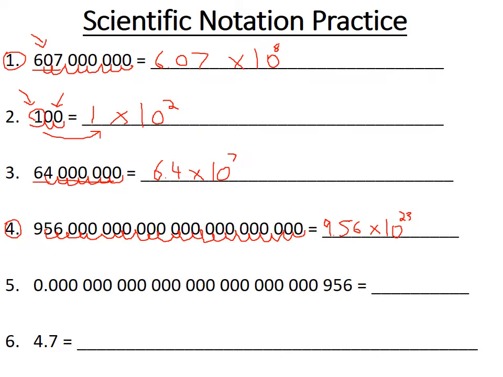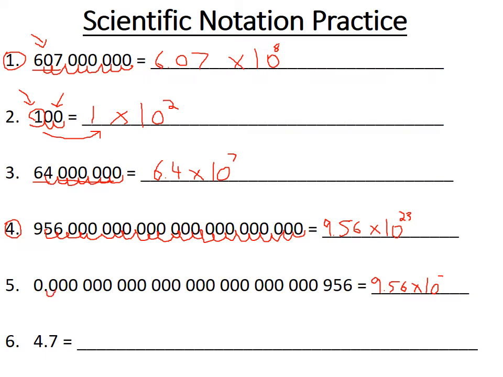Now we have another example here, similar. We're going to have 9.56 again, but this time you'll notice that your decimal will not be moving towards the left, it will be moving towards the right side. So what that means is your exponent needs to be a negative exponent. The number for that exponent specifically will be determined by how many spaces we moved our decimal. So here's our decimal.